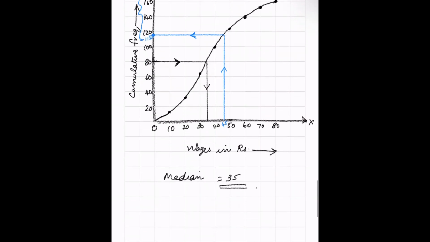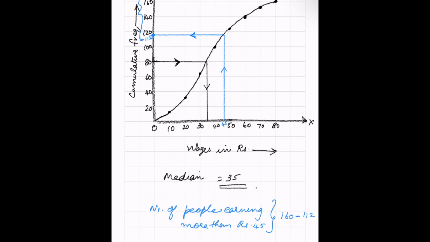So you just write that the number of people earning more than rupees 45 is going to be 160 minus 112. What is this 112?